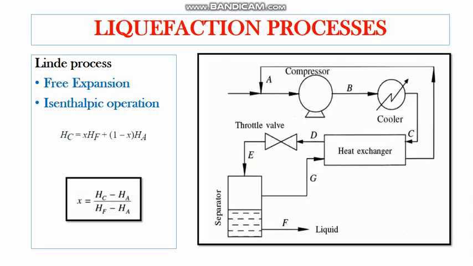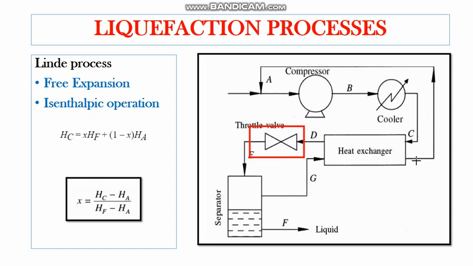Now we'll see the line diagram. First we'll start with the Linde process. This is nothing but your free expansion process or isenthalpic process. Here you can see your throttling process. It is the isenthalpic process, that is, enthalpy is constant over here. Again, you can see the same thing. Air is sent to the compressor, from the compressor it is sent to the cooler.